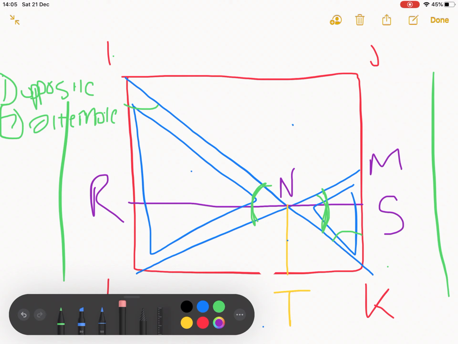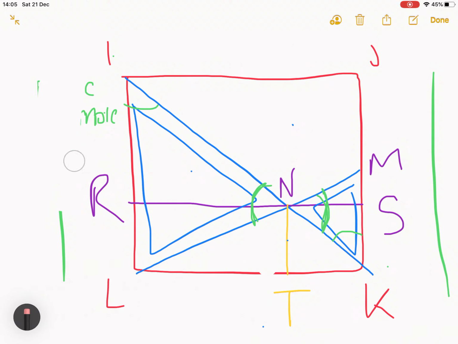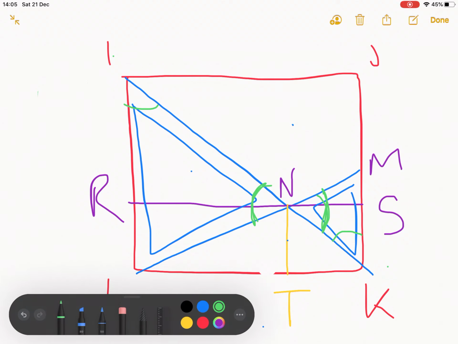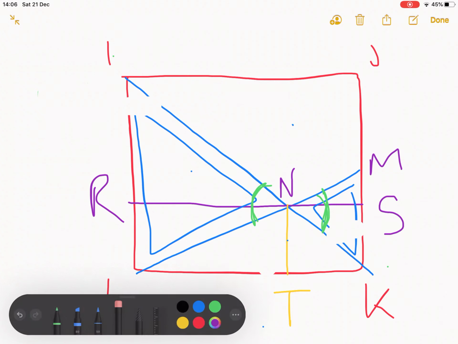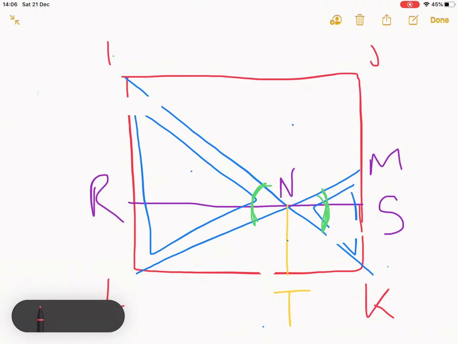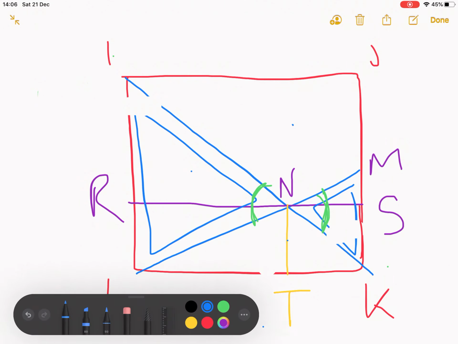So two angles in both of these triangles are the same, therefore the third angle will also be the same, therefore the two triangles are similar. Now, because of that, we can find out all the lengths from that.